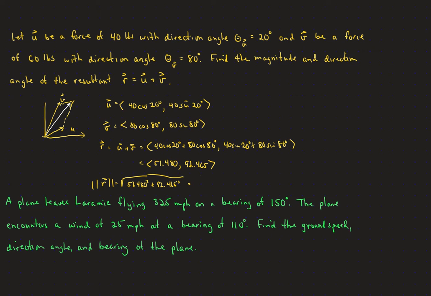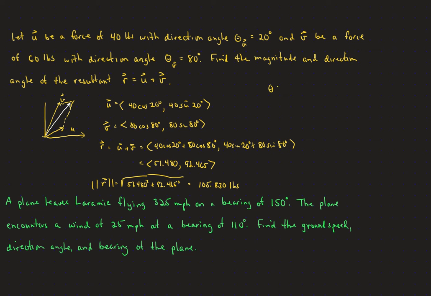So I'm going to go square root of, and then I'm going to go up and capture that 51.479 and so on, square that, plus go up and capture the 92 point whatever and square that, and hit enter. So I've got 105.830, and that's going to be in pounds. That's our magnitude of that force.